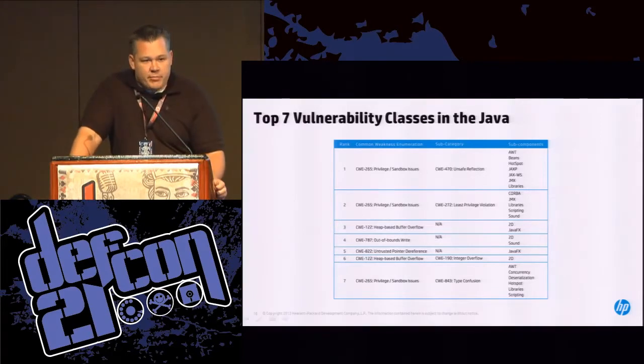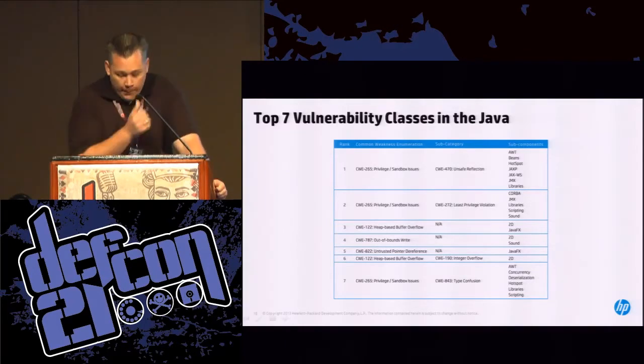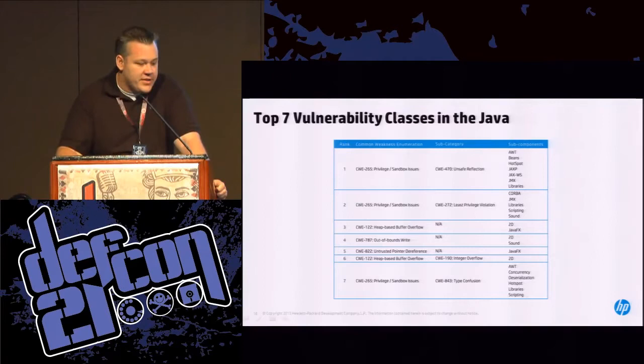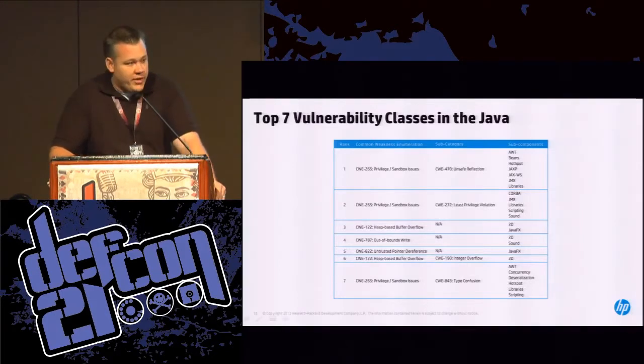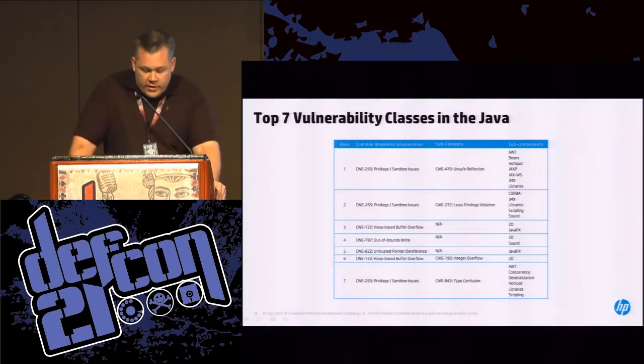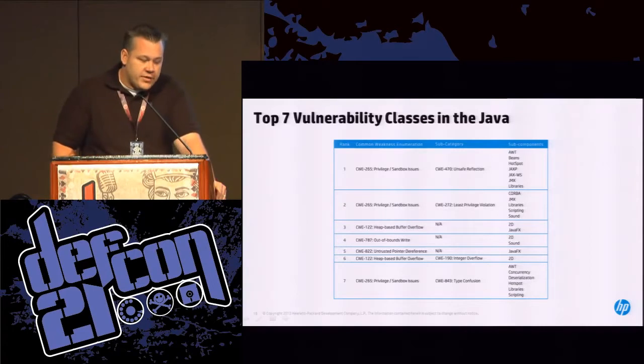Followed by 2 classic memory corruption issues, which, like we talked about earlier, mostly ended up in the 2D subcomponent: heap-based buffer overflows and out-of-bounds writes. Then the untrusted pointer dereference, which is actually my favorite bug in the Java framework. I don't know why they exist, but they do, and they're quite funny when they happen. Followed by heap-based buffer overflows due to integer overflows, and then type confusion issues.